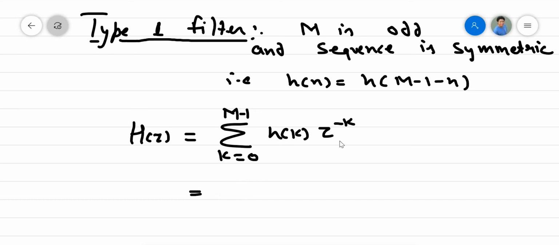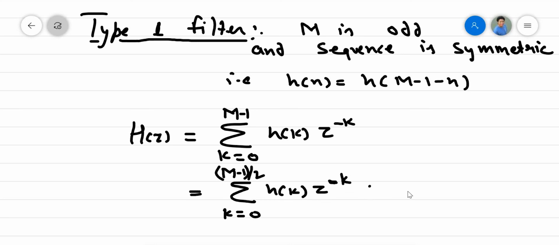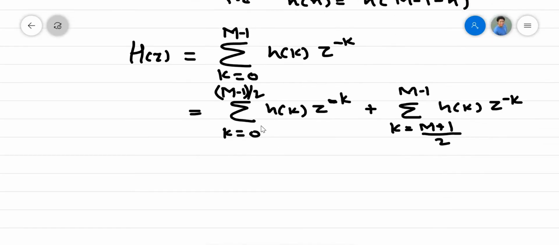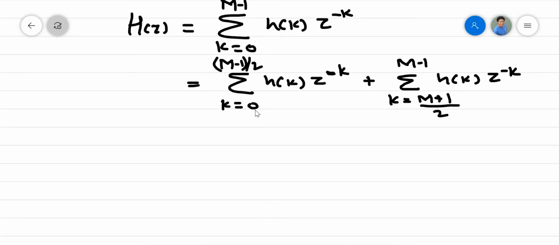Now we can break this sequence into two parts because M is odd, that is k equals 0 to (M minus 1) by 2, h[k] z^(-k), plus k equals (M plus 1) by 2 to M minus 1, h[k] z^(-k). Okay.